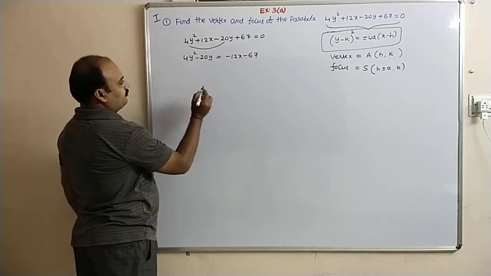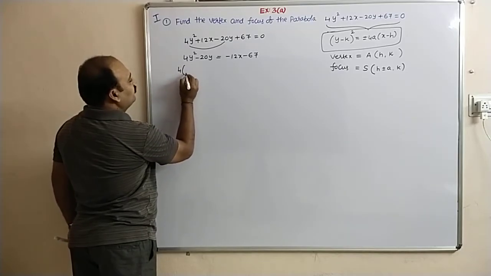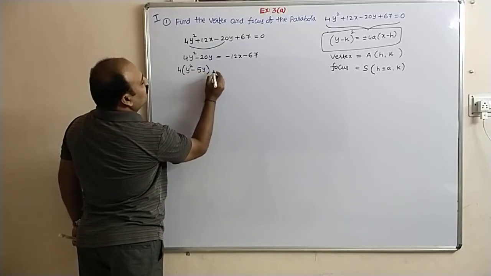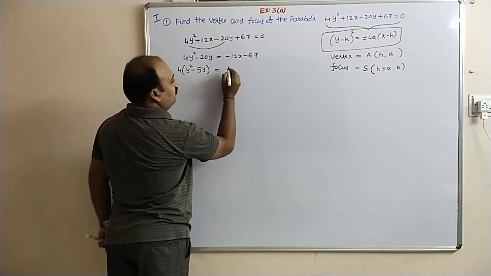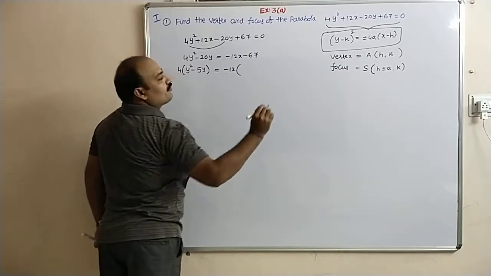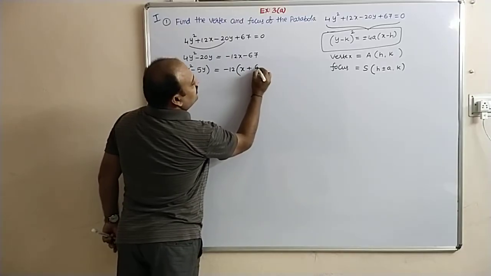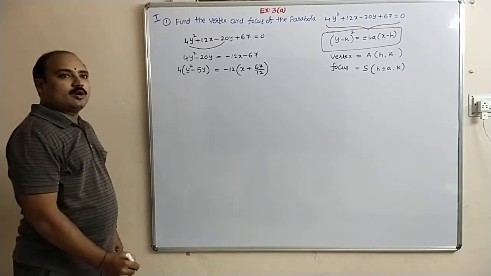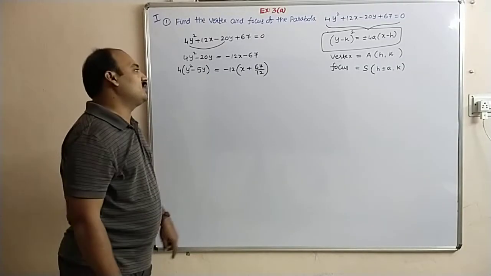After that, 4 take common from here. Y square minus 5y is equal to, here I am taking common minus 12, x plus 67 divided by 12.